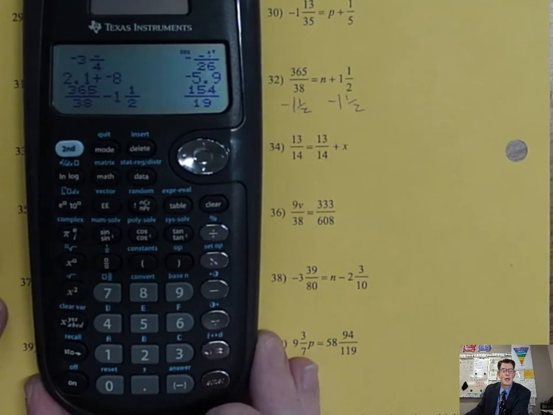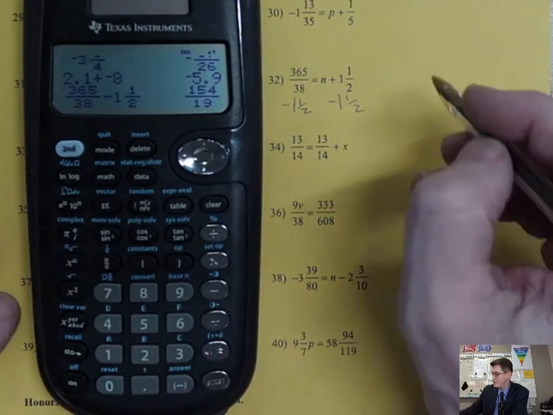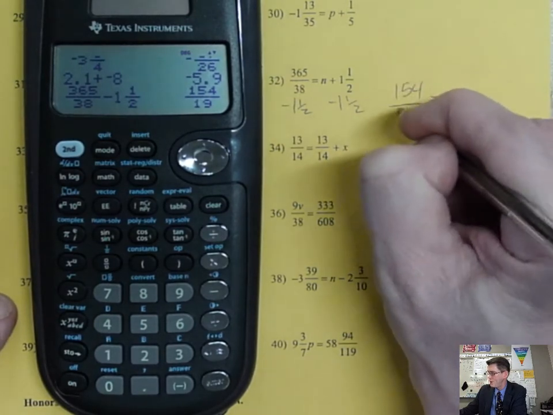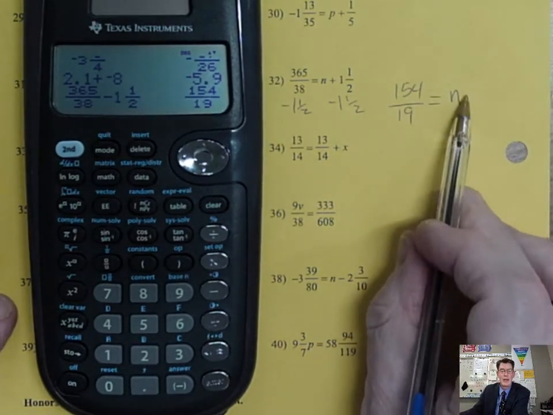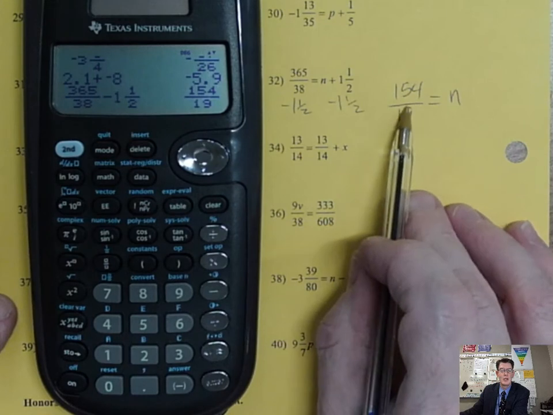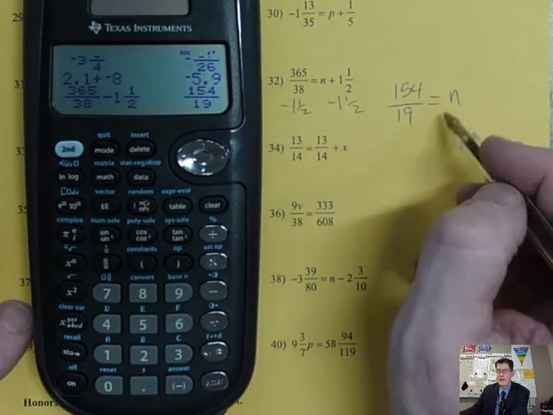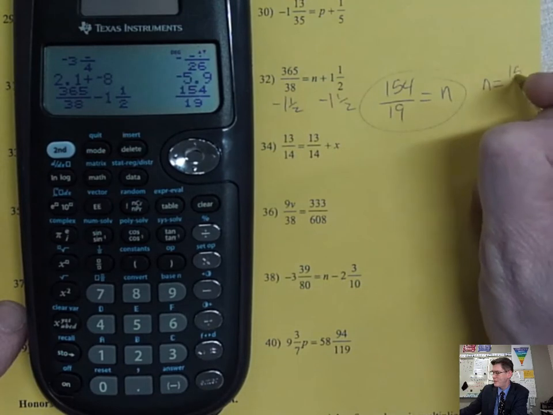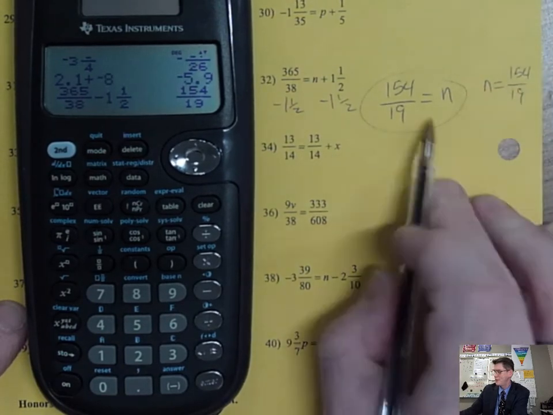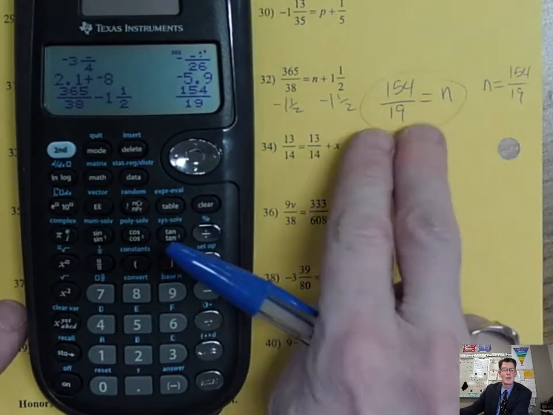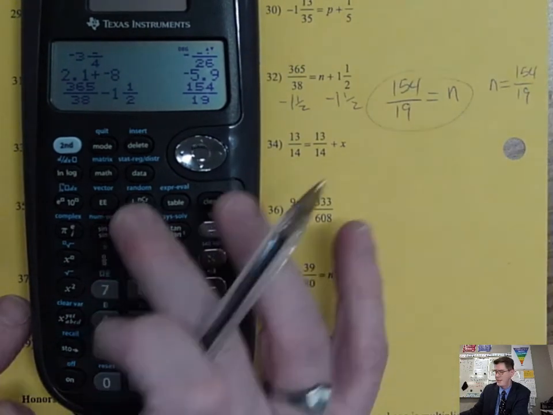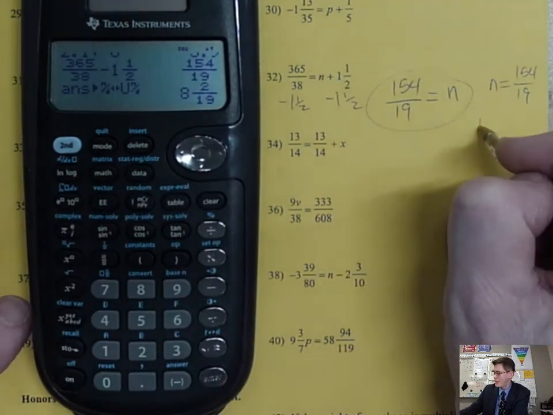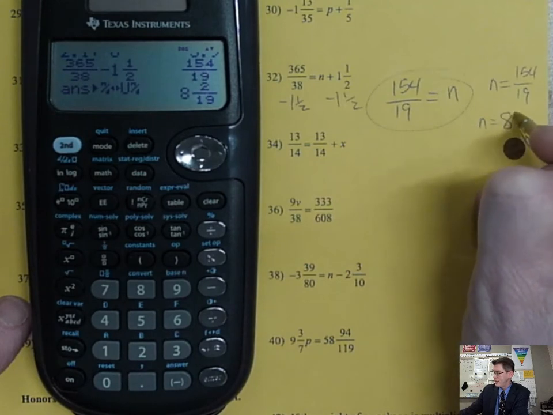So I get 154/19. So on this one, n equals 154/19. N is on this side of the equation, 154/19 is on that side of the equation. Yes, math teachers like to write it like this. N is 154/19. You can write them on either side. It's okay. If you were to hit math 1 enter, you'd get 8 2/19.